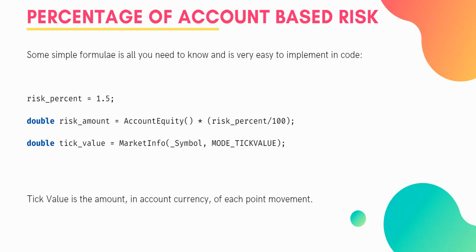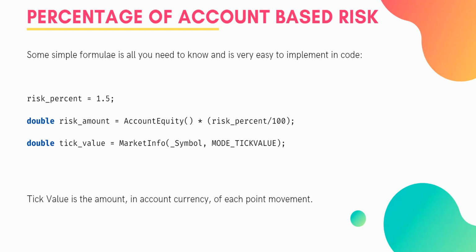We then need to do something a little more complicated, which is work out the value of a tick. A tick is the smallest price change on your MT4. So we need to get that from the terminal, because this will vary, and this is one of the trickiest parts of EAs, that it does vary between brokers and between symbols.